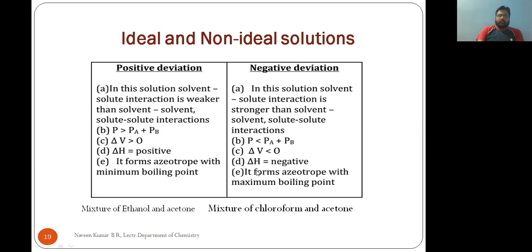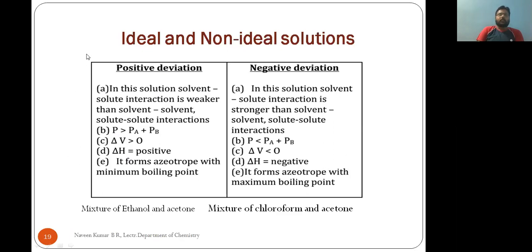With this, we have concluded the types of solution based on Raoult's law. It is ideal and non-ideal, and again in the non-ideal, positive and negative. So you can have a comparative chart, introducing ideal solution points here, and the points will be the same.